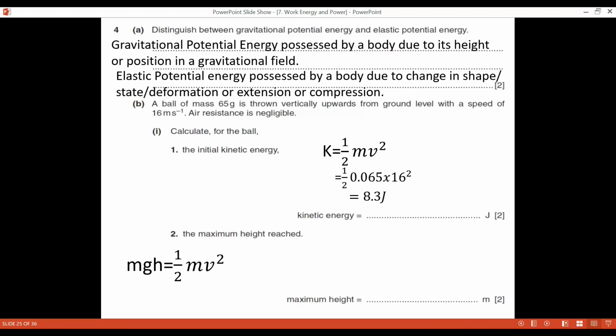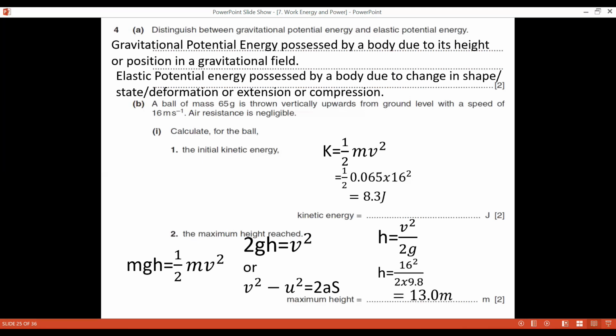So from here, we get the answer for velocity. You can use v square equals 2gh or you can use equations of motion as well. g will be constant as 9.81. Simplify that and you get the value of h. In this case, it comes out to be 13 meters.